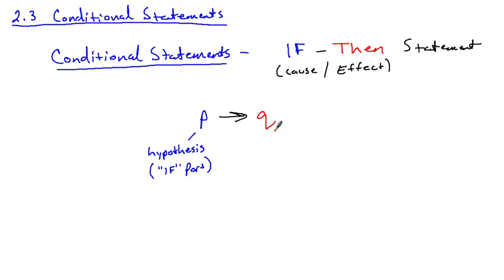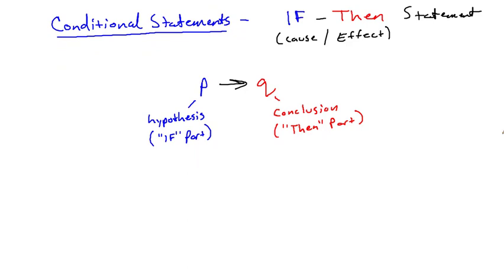And the Q, we touched on this a little bit with the deductive reasoning, so we're going to really get into it today. The Q is the conclusion. And that is the then part of the statement. Okay, so we're going to be working exclusively with if-then statements, and we're going to be determining which part is the hypothesis and which part is the conclusion.